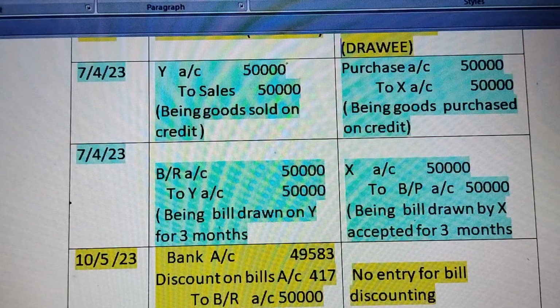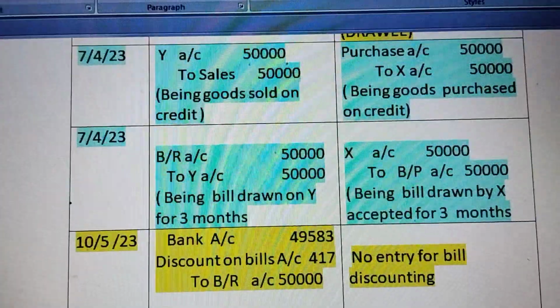When the bill is drawn, the drawer will make the entry of bills receivable to drawee, and the drawee will make the entry of drawer to bills payable. So in the books of X, the entry will be bills receivable to Mr. Y account, being bill drawn on Y for 3 months. And in the books of Y, you will debit the drawer and credit the bills payable. So you will debit X account to bills payable account 50,000, being bill drawn by X accepted for 3 months.